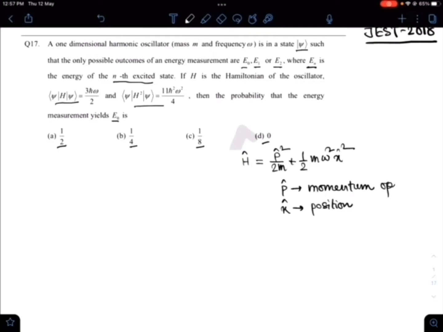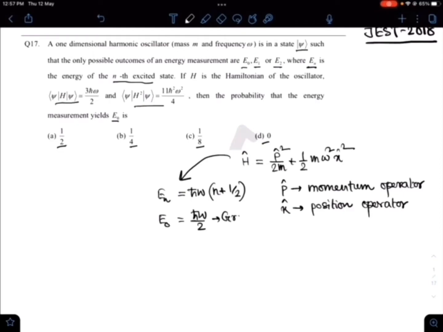So these are operators. And for that Hamiltonian, we know that the energy eigenvalues are h cut omega times n plus half. So what is E0? E0 is h cut omega by 2. This is the ground state energy.